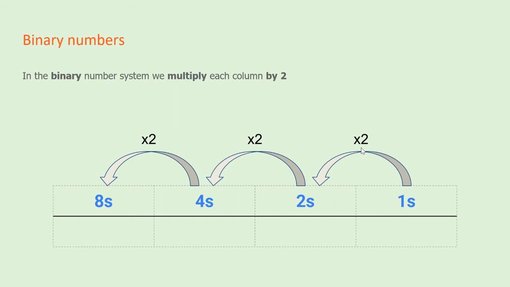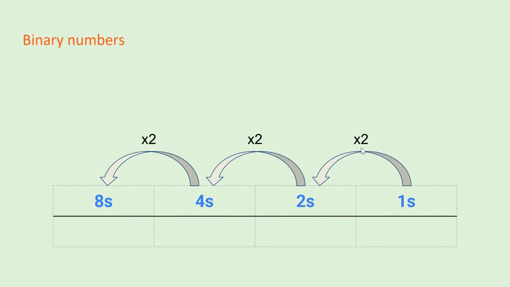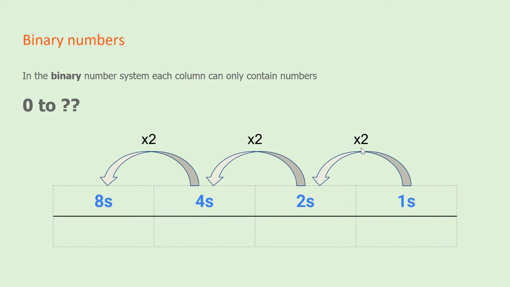And in the decimal number system, each one of those columns could have numbers from 0 to 9. But in the binary number system, each column can only contain numbers from 0 to 1.